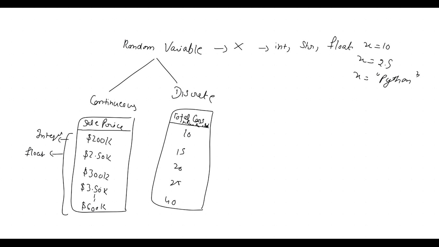You cannot tell me there are 10.5 cars, right? It will always be a single whole number. This is called discrete. It will be within a range or in grouping form, but we are only interested in whole numbers. At that time, we declare this. So this is the discrete.